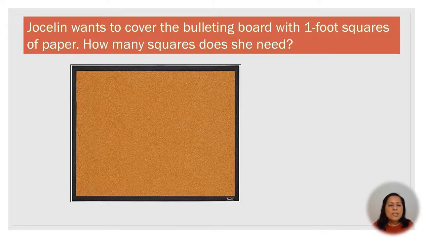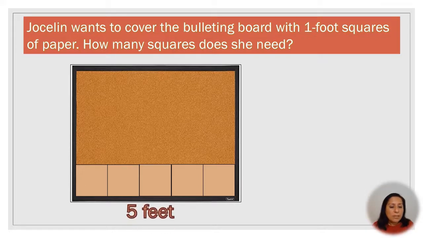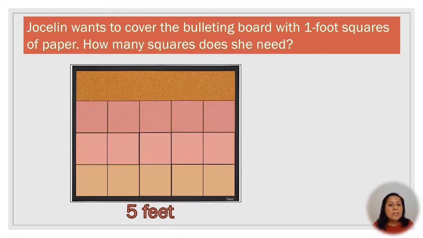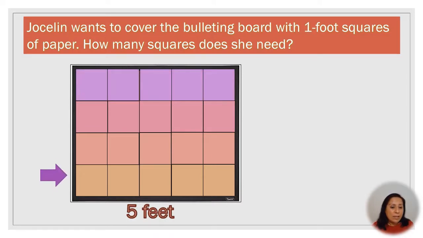The first thing that Jocelyn has to do is to find out how many 1 foot squares she can fit in the bulletin board. That's 1, 2, 3, 4, and 5. Now she knows that the length of the bulletin board is 5 feet. Now she's going to repeat the same pattern to cover the whole bulletin board. And when she finishes, she's going to find out that the width of the bulletin board is 4 feet.